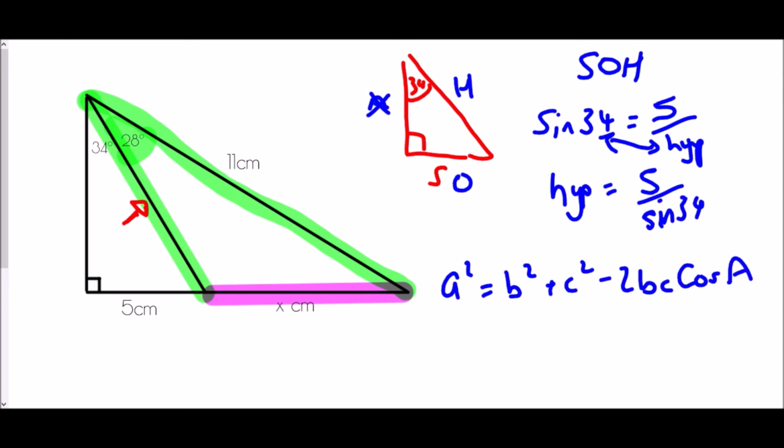And in this case, remembering big A must be the angle we already know, little a the side we want to find. The other two sides don't really matter, so that would be b and c. And so a, we don't know, it's just x, so x squared equals b squared.